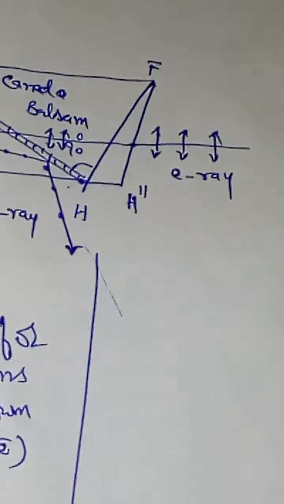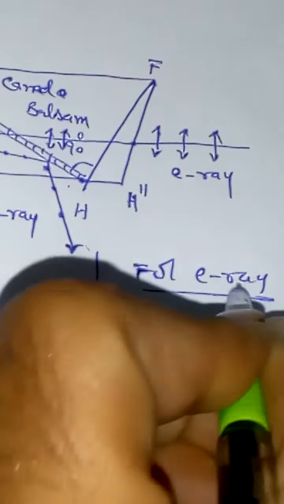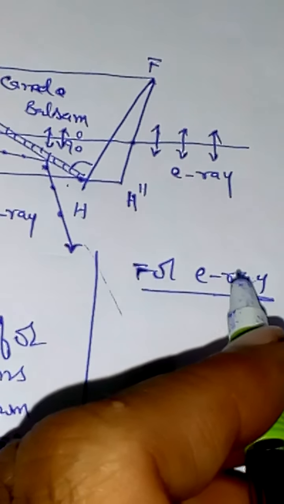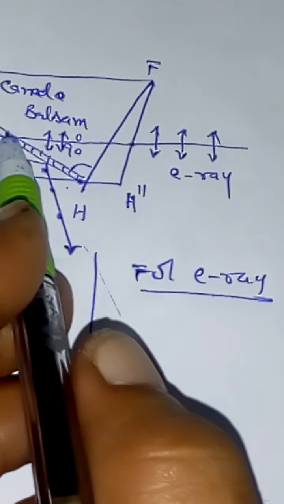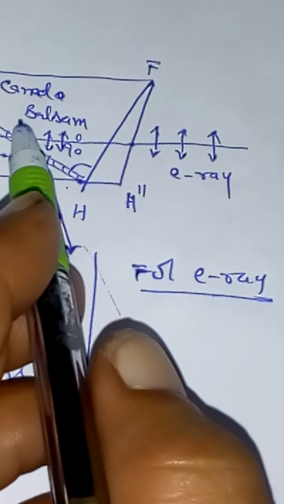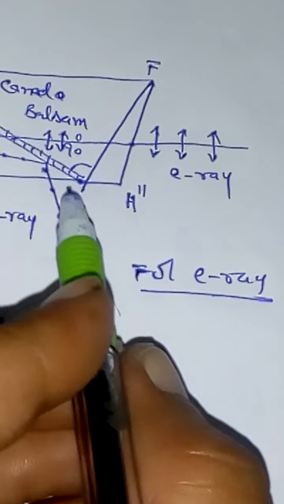So let us look at the extraordinary ray. Now for the E ray, when we talk about the extraordinary ray, it travels from calcite to the Canada balsam. That means this is a denser layer.